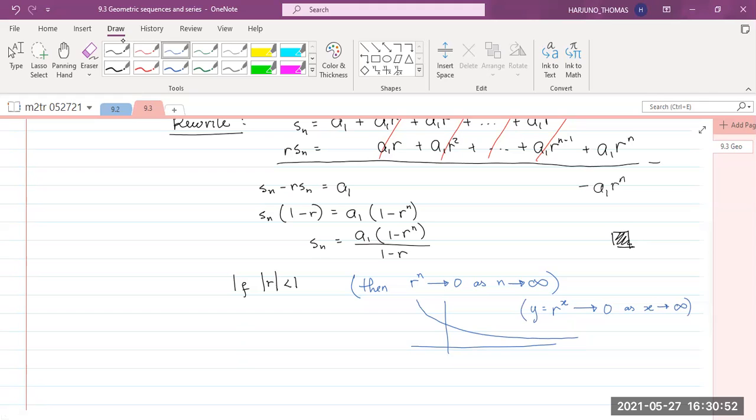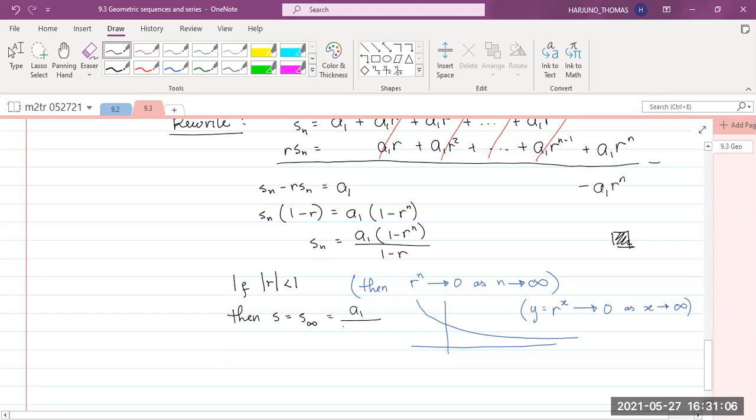So if the absolute value of r is less than 1, then the infinite sum, usually denoted by S only, but you can also emphasize that it's S infinity, equals the first term over 1 minus r, because this part here becomes 0.